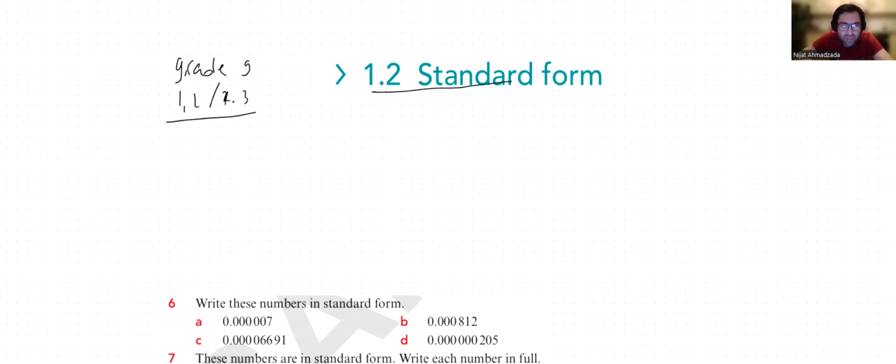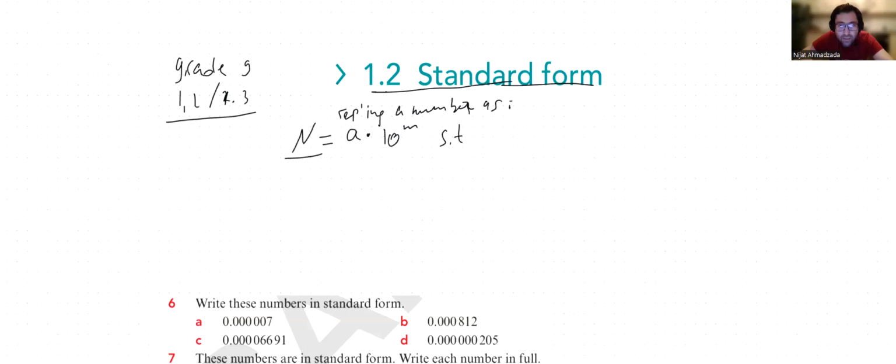Standard form of any number, let's call it n, is just representing a number. We have to represent the number n as a times 10 to the power of m, such that a is greater than or equal to 1 and definitely smaller than 10.